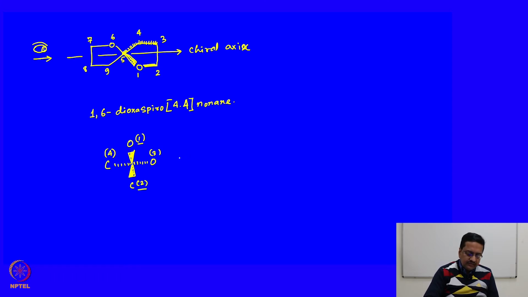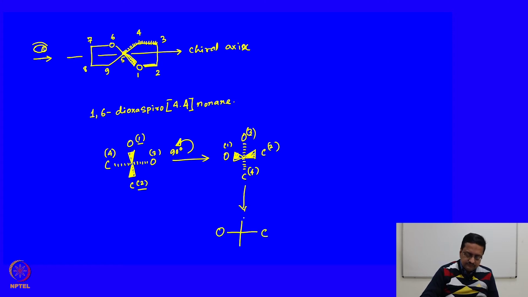So, we should rotate it in plane by 90 degrees to arrive at this orientation, where O1, C2 are like that and O3 and C4 come like this. So, if you draw the Fischer projection, it should look like this.